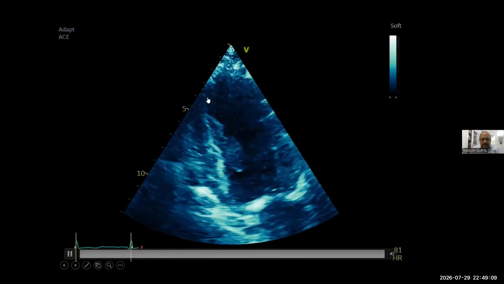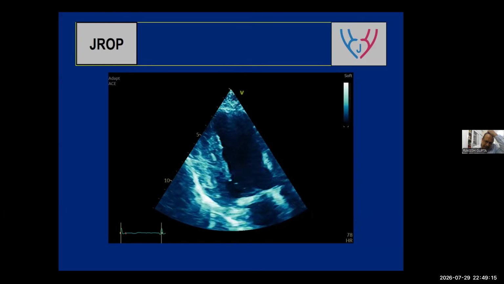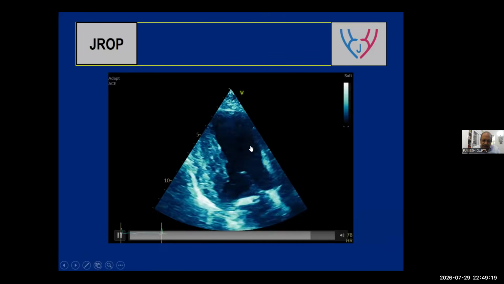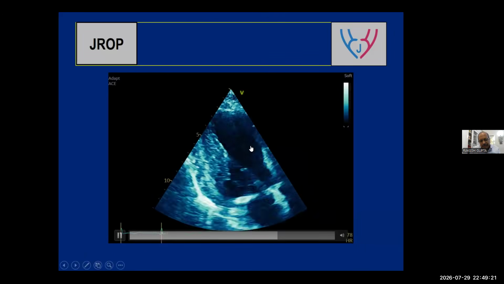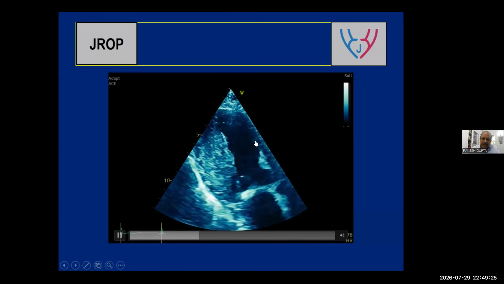Focus on these segments. They're almost hypokinetic to akinetic. Now the mid-anterior septum is also hypokinetic. Look at the endocardium, well seen despite hypokinesis.